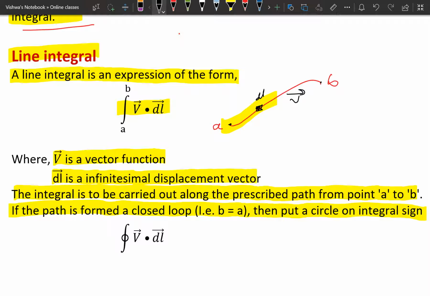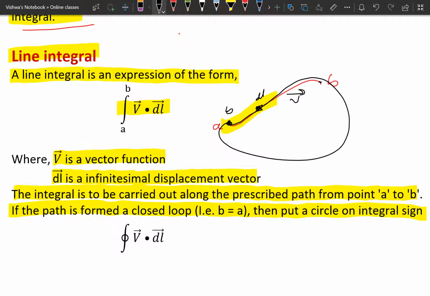Suppose this line makes a complete loop, for example a circle. In this condition, previously the point B was here, but in this example the point B is here.